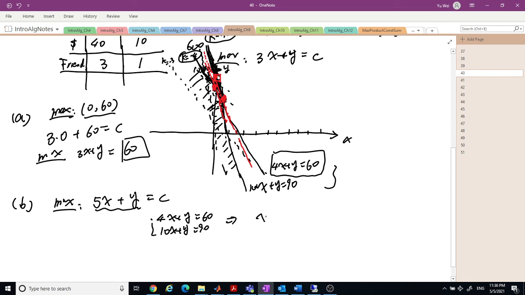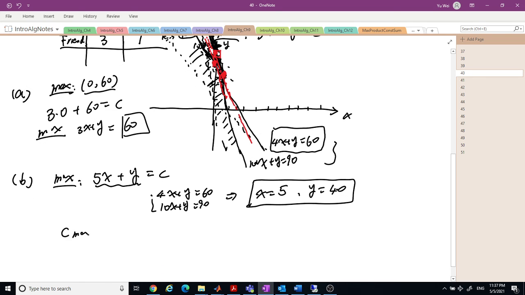So we know 6x equals 30, so x equals 5, and y equals 40. So the line with 5 should pass in this point, meaning the C max in this condition is 5 times 5 plus 40, which equals 65.